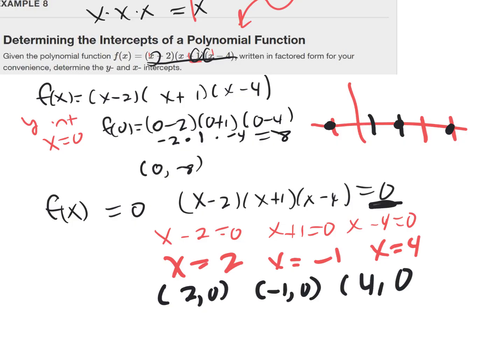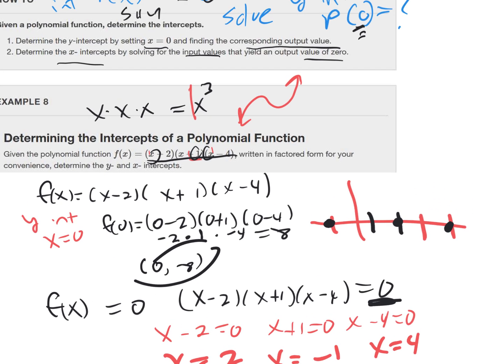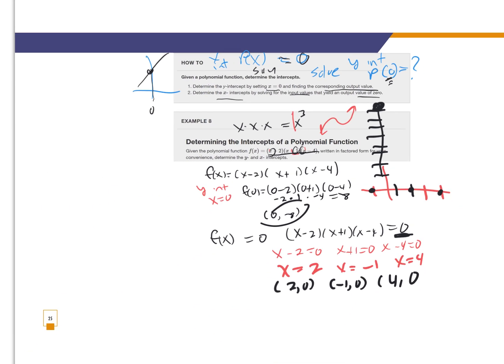And we have the y-intercept was 0, positive 8. So that's going to need to go a little higher than 1, 2, 3, 4, 5, 6, 7, 8, way up here. So even by looking at that picture, you should realize that this thing has to come from the bottom.